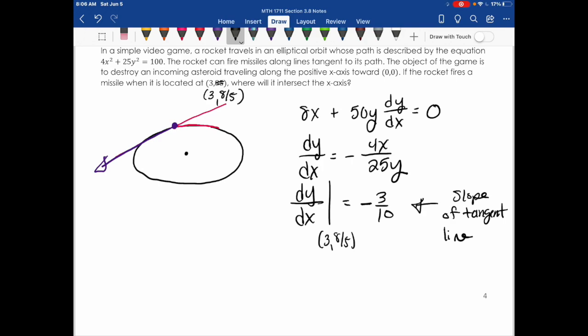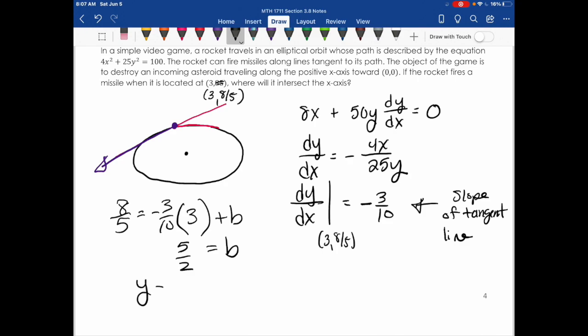And then I've got to plug in 3, 8/5 so I can find my value of b. So I'm going to plug in 8/5 for y is equal to negative 3/10 times 3 plus b. And when I solve this for b, I'm going to get 5/2. So the equation of the tangent line is y equals negative 3/10 x plus 5/2.